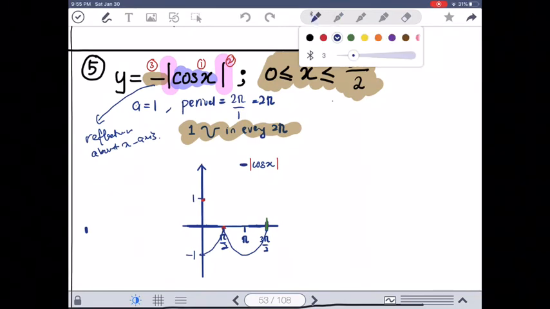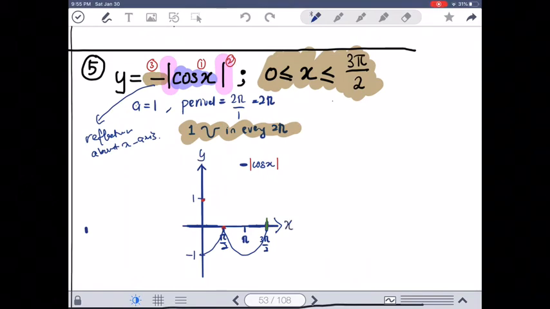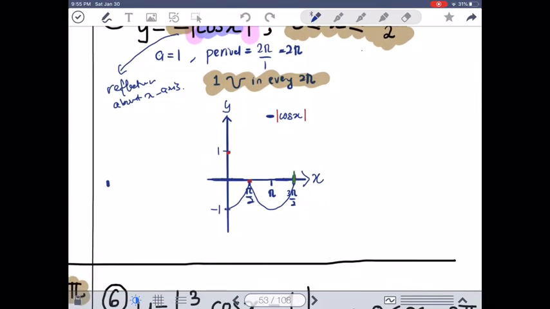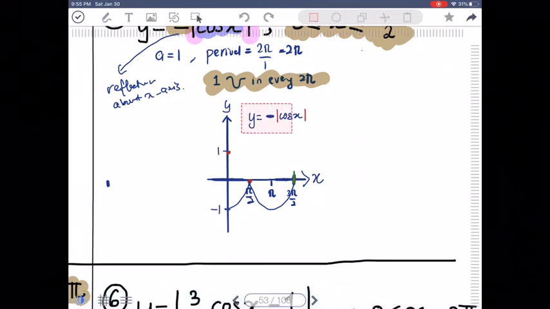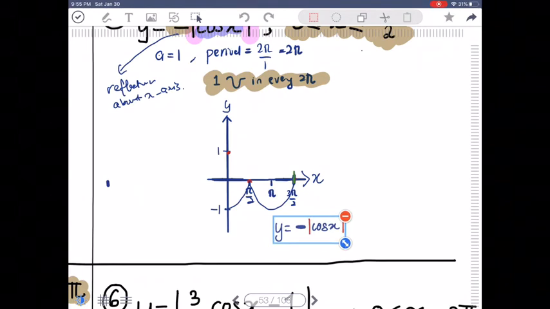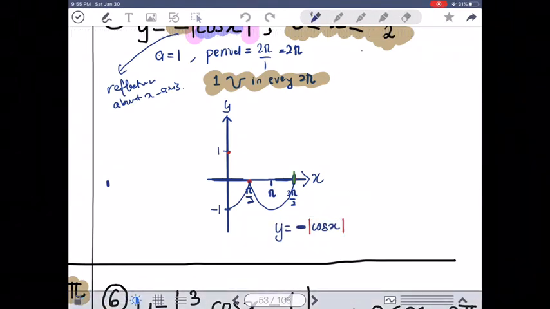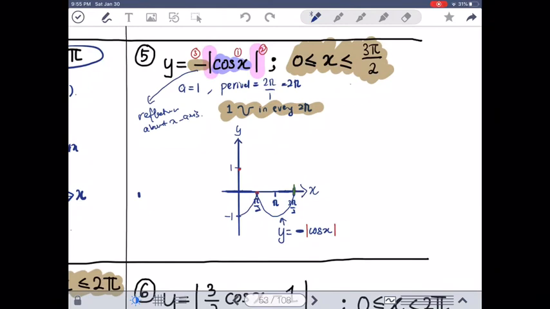Okay? So this is your final graph. Y equals to negative cos x for x from 0 until 3 pi over 2. So we stop at 3 pi over 2.